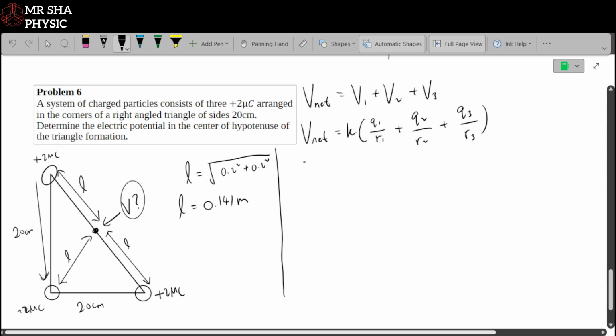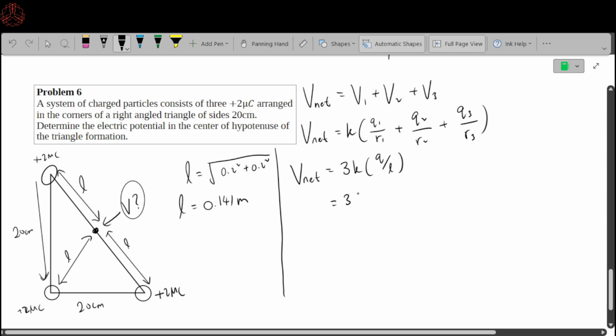Again, these charges are all the same, the distances are all the same, so I can easily say that it's going to be 3K Q over R. Specifically, this is not R, this is actually L, so I'll correct that: Q over L.